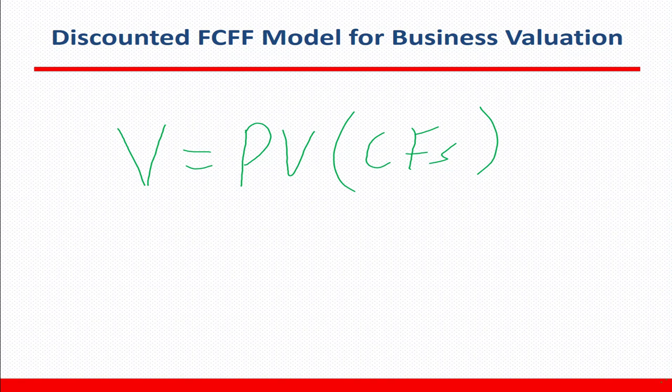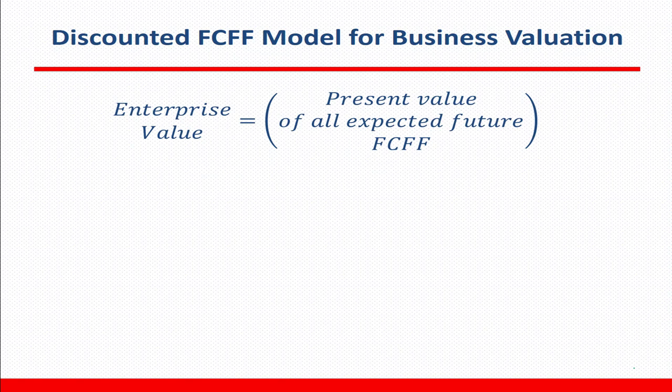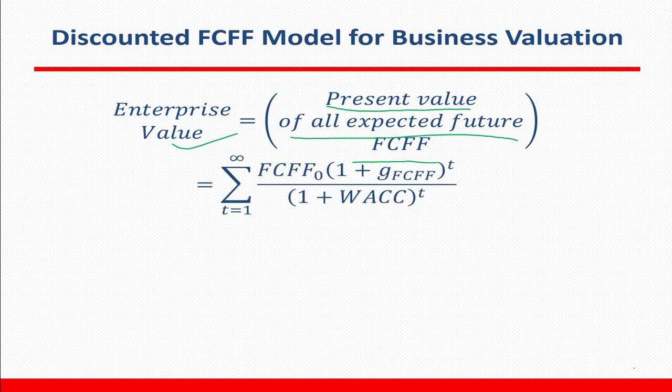This model uses this fundamental concept and tries to calculate the value of that business. So according to the free cash flow to the firm model, the value of any business is equal to the present value of all expected future cash flows, which is mathematically equal to this.